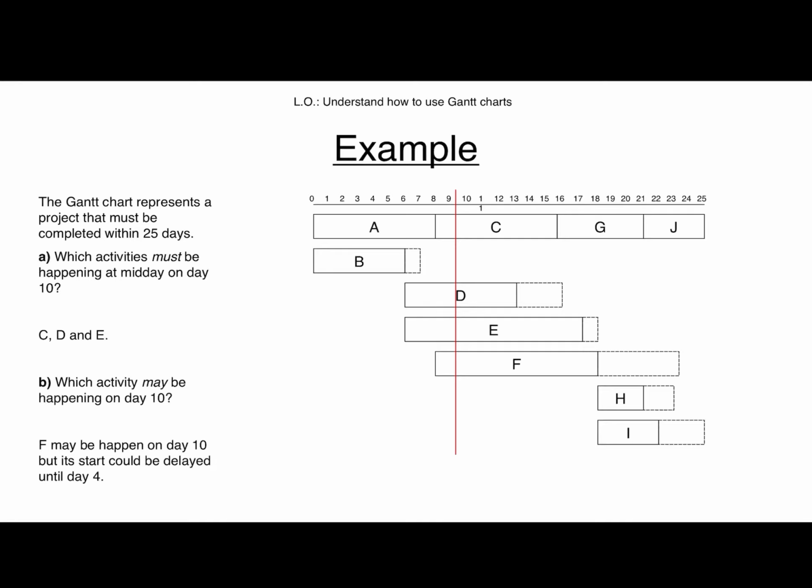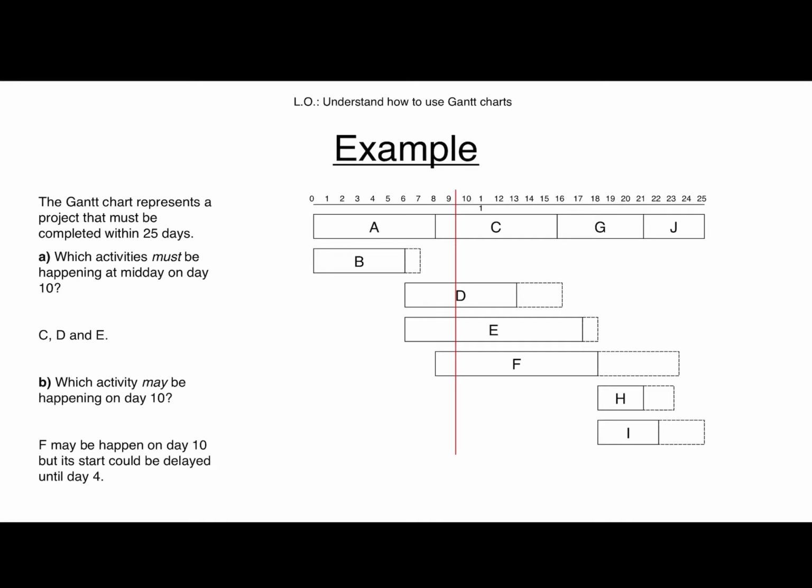Okay? So if I draw a line down, I can see that activity C must be happening halfway through day 10. Not activity B, that would have been completed before. Activity D, even though I could delay the start, I cannot delay it enough that it wouldn't have to be happening halfway through day 10.